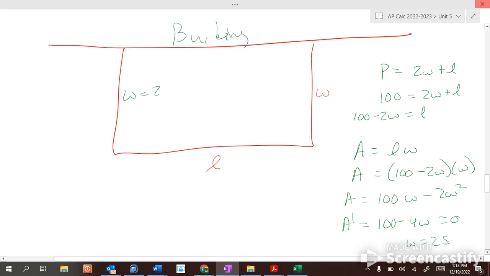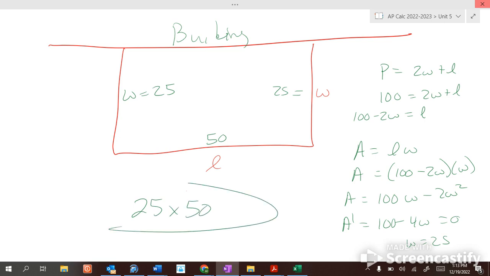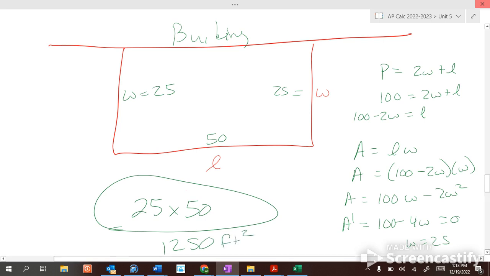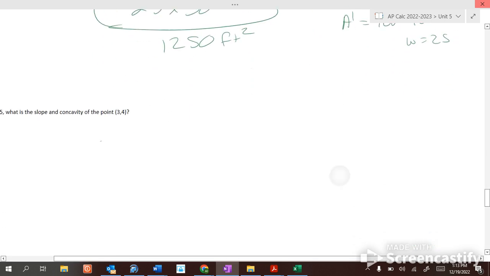So your width would be 25, and your length would be 50, because you have 100 total. Okay, so 25 times 50 would be your maximum dimensions. And so your maximum area of 25 times 50, whatever that is, 12,500 square feet. Okay.